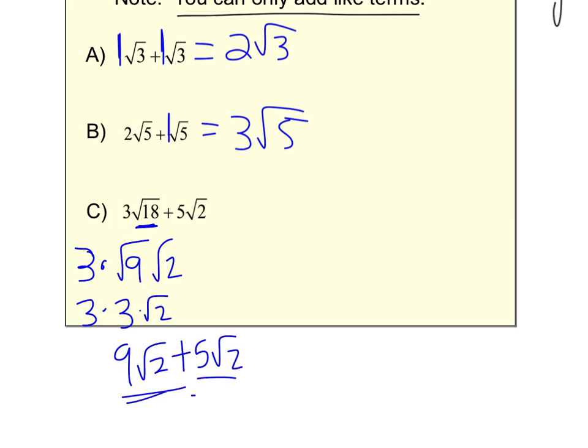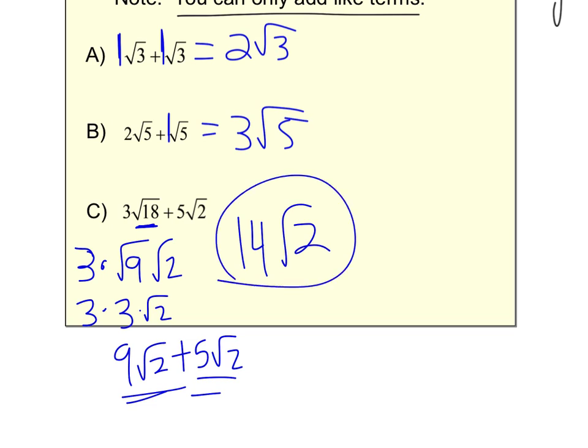So that one I can put together for a final answer of 14 square root of 2. Notice this number out front here, I just keep it out front and then work with the square root. And then once I go from square root to a whole number, then I can multiply it. So realize that, you know, these two are just different ways to represent the same thing, but now I can manipulate that and multiply those two.